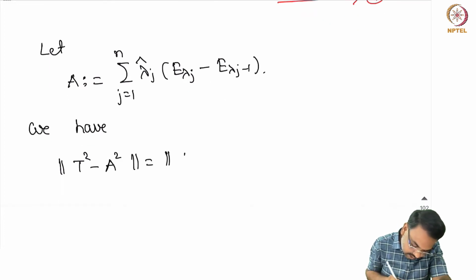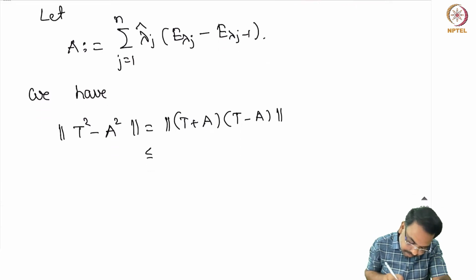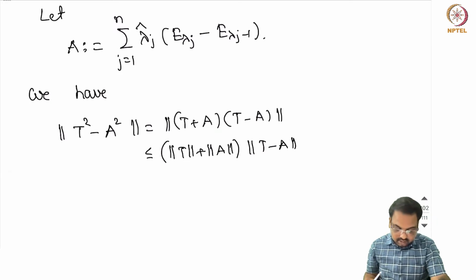This we can write as norm T plus A into norm T minus A. So this is less than or equal to norm T plus norm A into norm T minus A, and norm A is less than or equal to summation j equal to 1 to n mod lambda j hat into norm of E lambda j minus E lambda j minus 1.